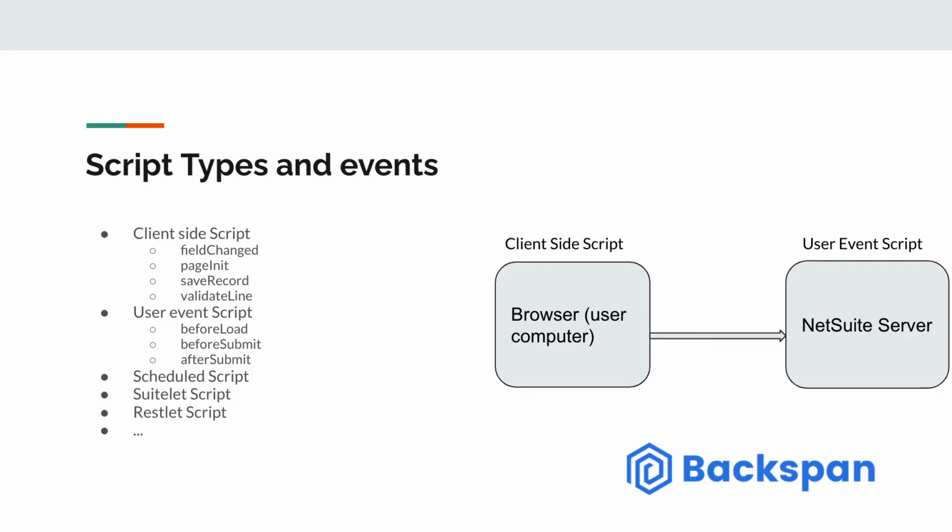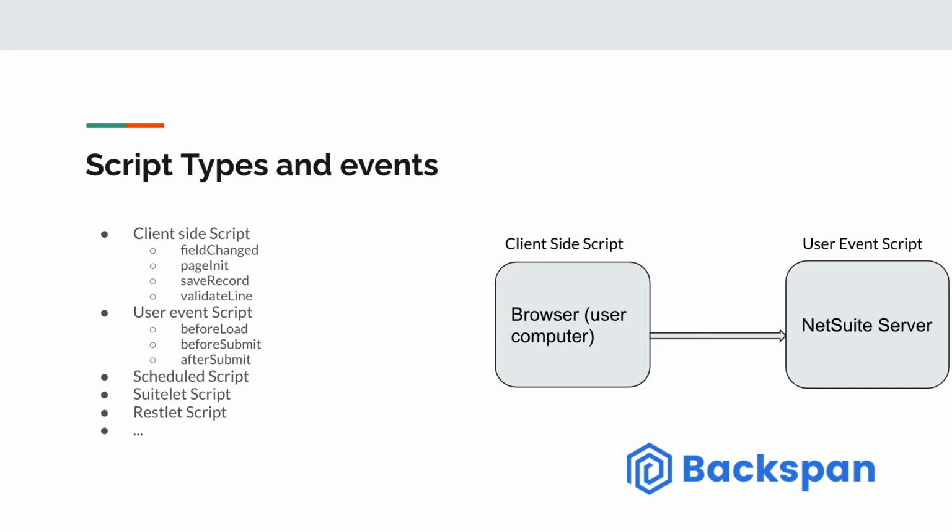However, if you want to do certain operations within the server, so for example, you want to create a purchase order, and then that purchase order will also create something else, maybe an email or something like that, you can run it through a user event script. You can in theory still do it through client side, but you get the concept. There are certain things that will have to happen in the user event script. And the documentation will show you for each module if it runs on the server or the client side.